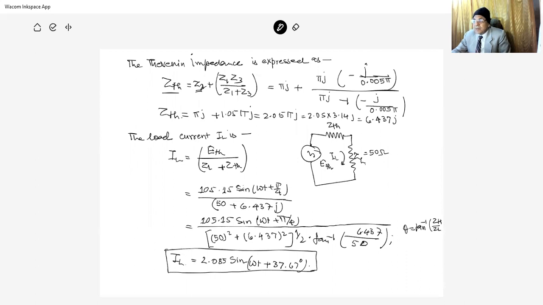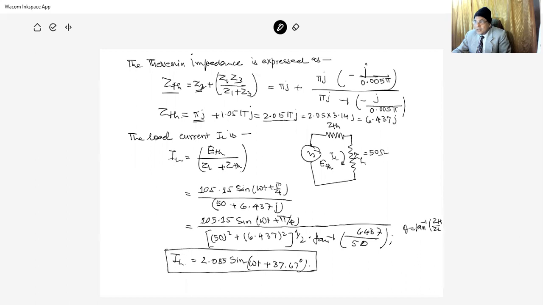Then Z2 is pi j, plus minus j 0.005 pi, and so we get 2.0 pi j.